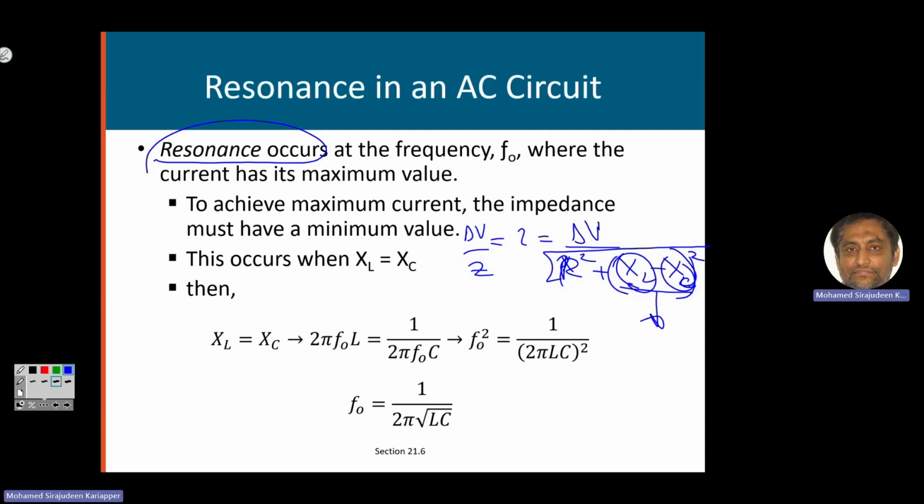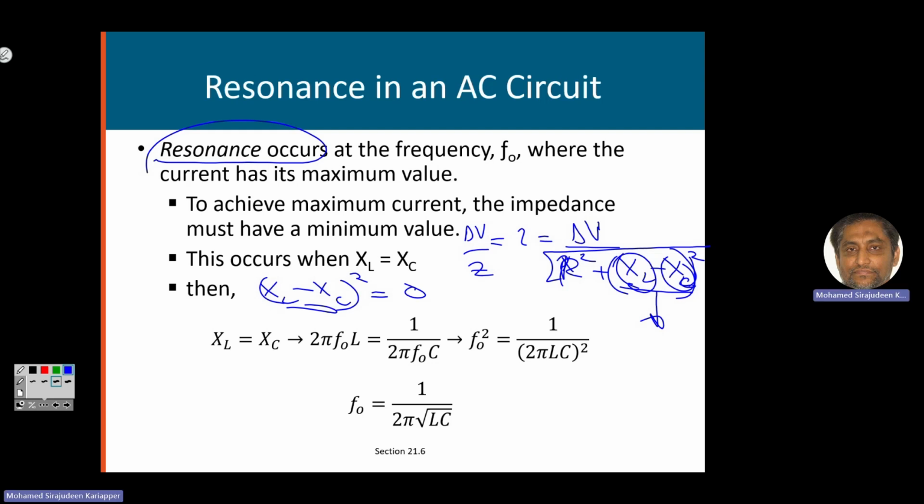What is the smallest value of XL minus XC? It's a square, right? So it cannot be negative. So what is the smallest positive value? Well, 0 is not positive, but the minimum this can be is 0.